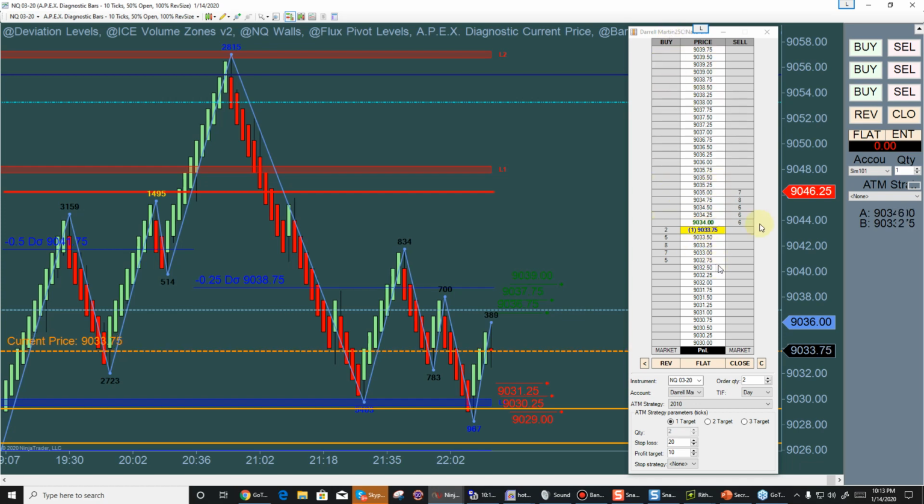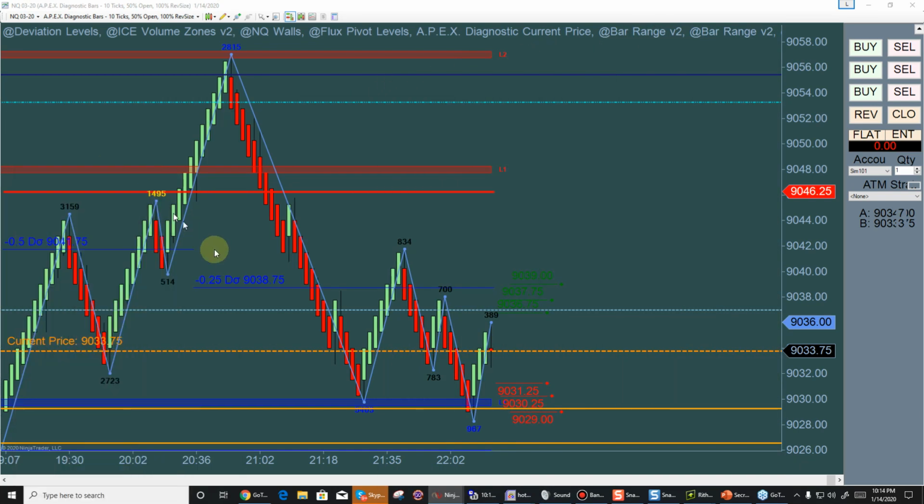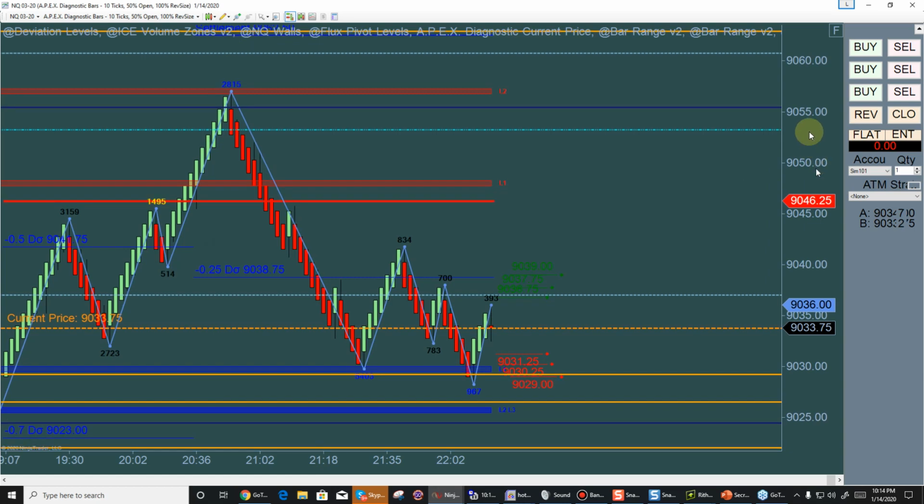So it's not going to line up exactly, but it's pretty helpful. You could probably play with the settings enough and get it to line up exactly if you wanted it to. The line at 90, 60, 50, that is an NQ wall level right there.